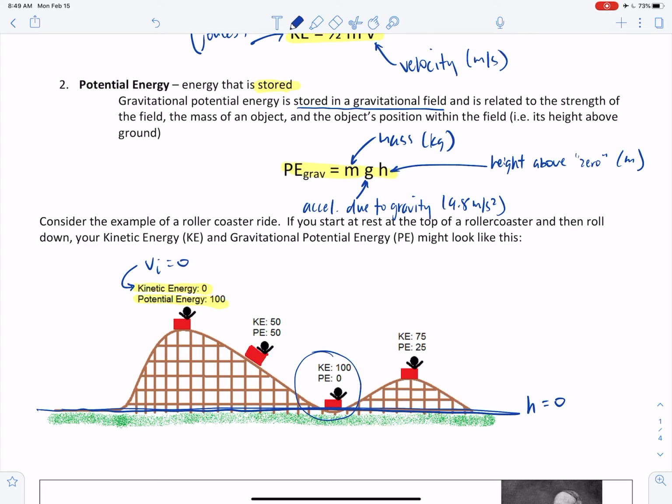And by the way, down here you'd be going quite fast, so that's why you have all this kinetic energy. Then as you start to rise up again to the end, you start to gain potential energy because your height increases, but at the same time you lose speed because you're rising up against gravity. So your potential energy jumps up and your kinetic energy jumps down. The two types of energy are always exchanging places, and the values are changing depending on your height above ground and how fast you're going.